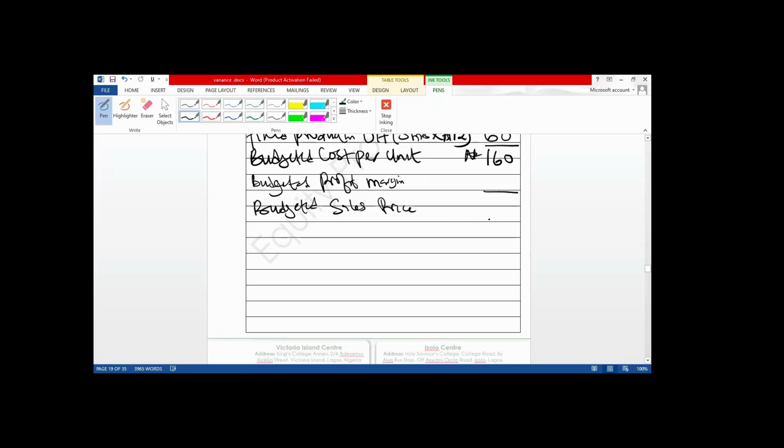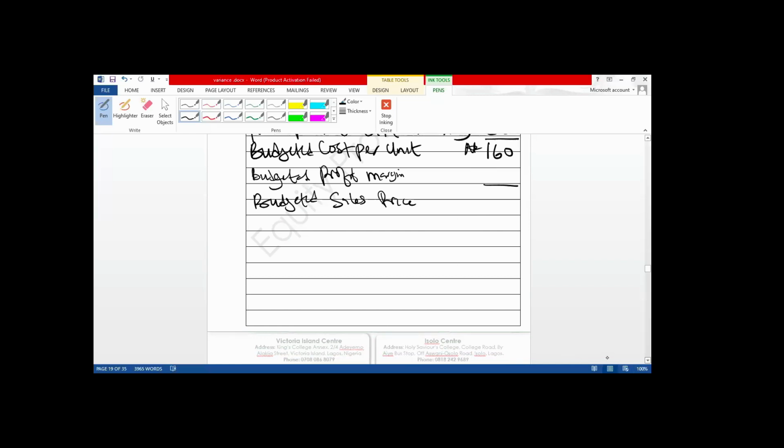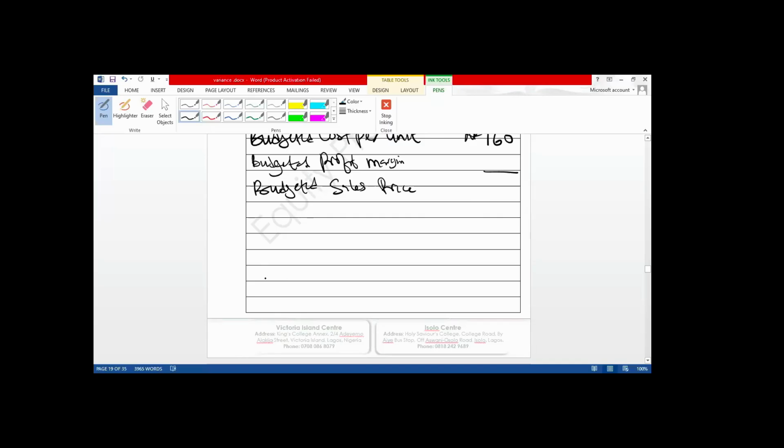I don't know the selling price now, but I know the cost price. In this case, convert the margin to markup. Margin is on sales. Markup is on cost.